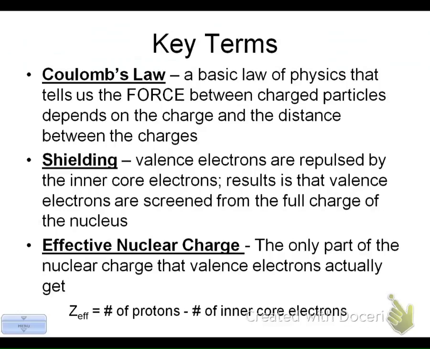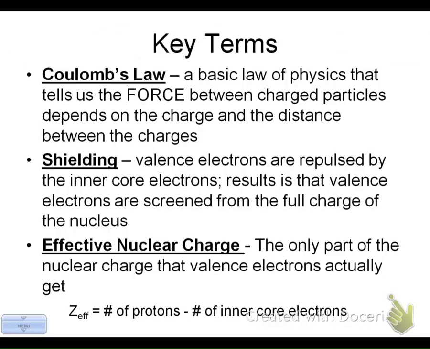We're not going to be calculating the actual force between electrons and the nucleus, but we're just going to use Coulomb's law to help explain why some electrons are more attracted than others. As you can read from the definition, Coulomb's law is a basic law of physics that tells us the force between charged particles. It depends on the charge and the distance between the two charges, and that becomes very important.